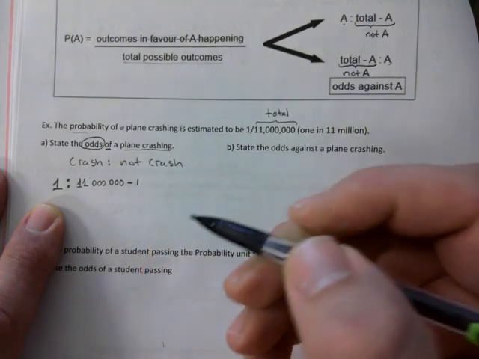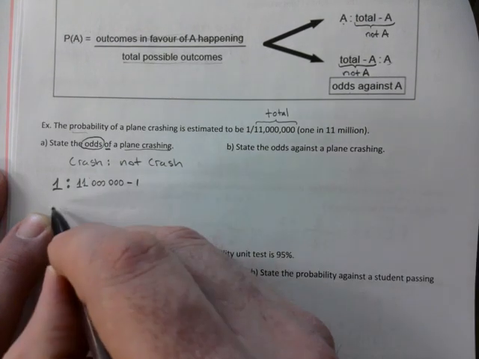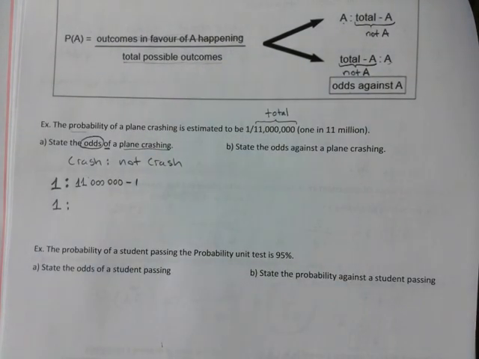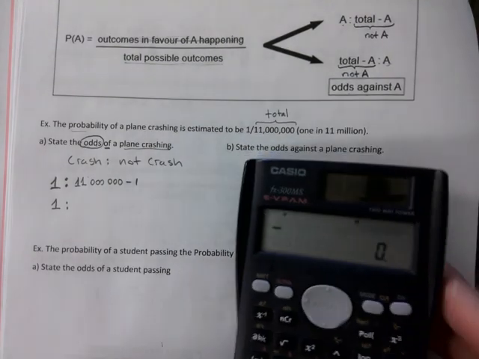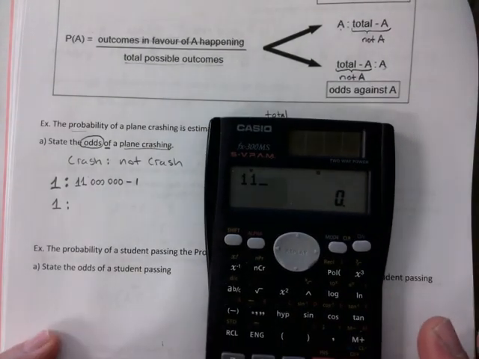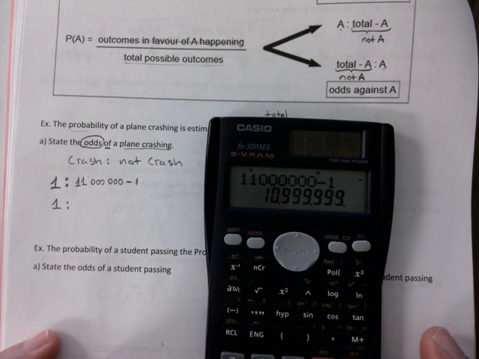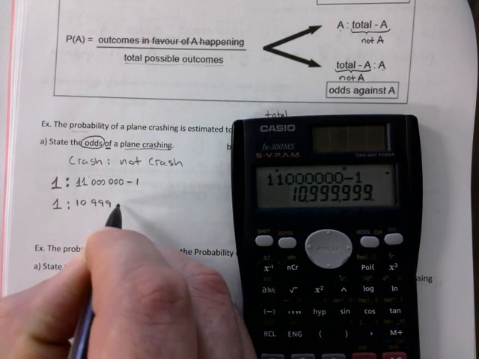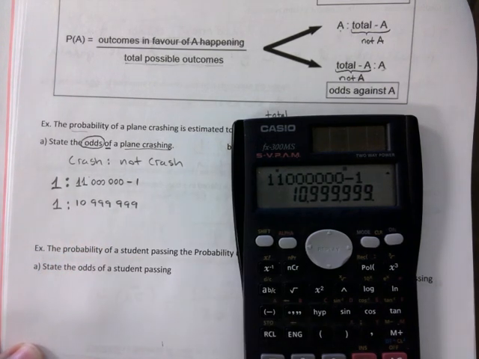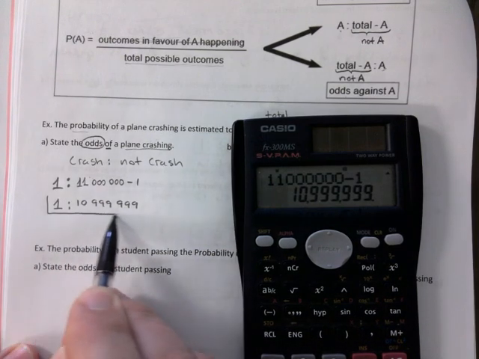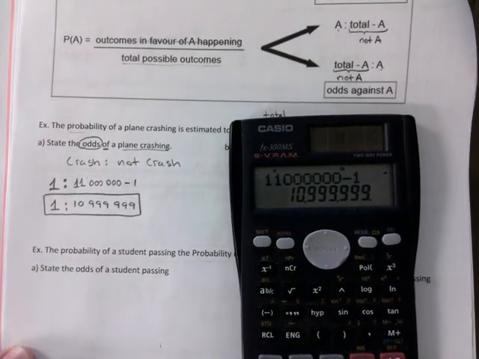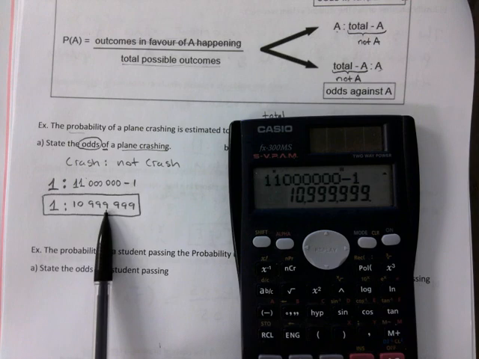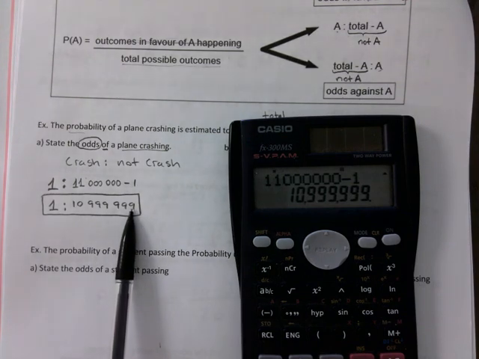It's very important to get this exactly right. You grab your calculator, or you just answer because you might just know. This is 10,999,999. So there's 1 plane crashing for every 10,999,999 that are not crashing.